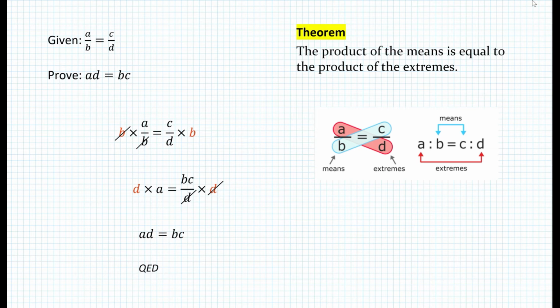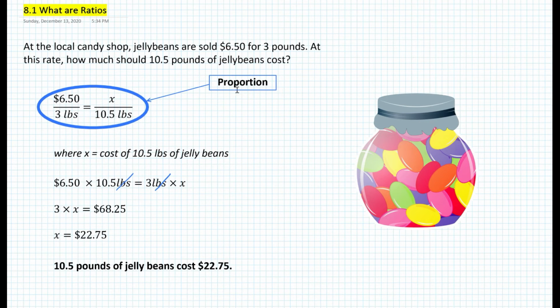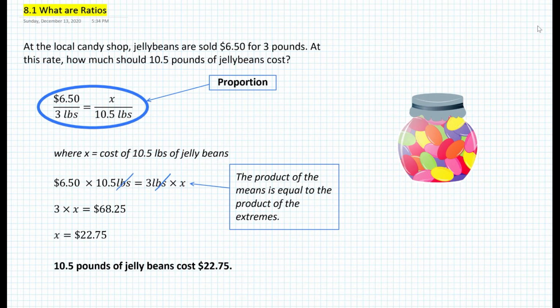So now that we have this theorem, we can use it when we have to justify the cross multiplication. If we go back to this proportion, once we set it up, we cross multiply, and the reason for that step is that the product of the means is equal to the product of the extremes.